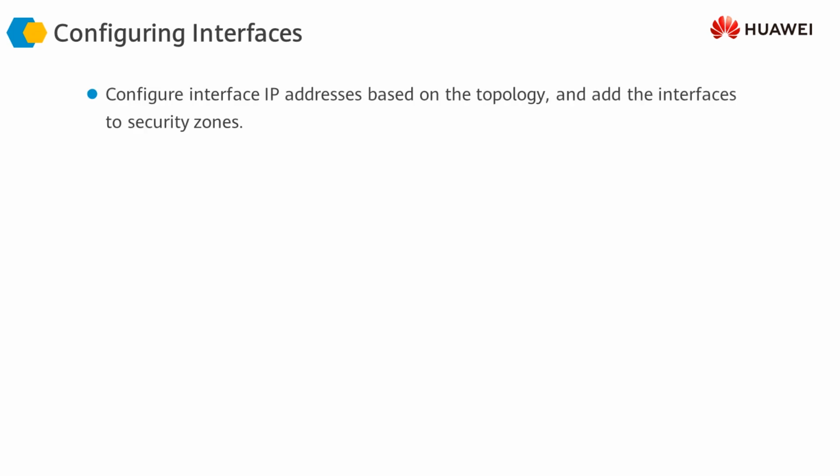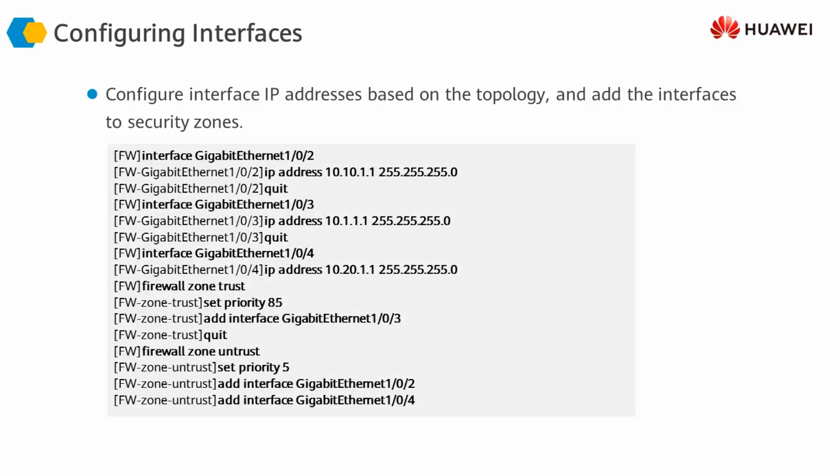In the command line interface, first of all, we configure appropriate IP addresses for different interfaces. As you can see, this is the interface connecting to ISP1, this is the interface connecting to ISP2, and this is the interface which connects us to our intranet. We configure the relevant IP addresses on the three interfaces.